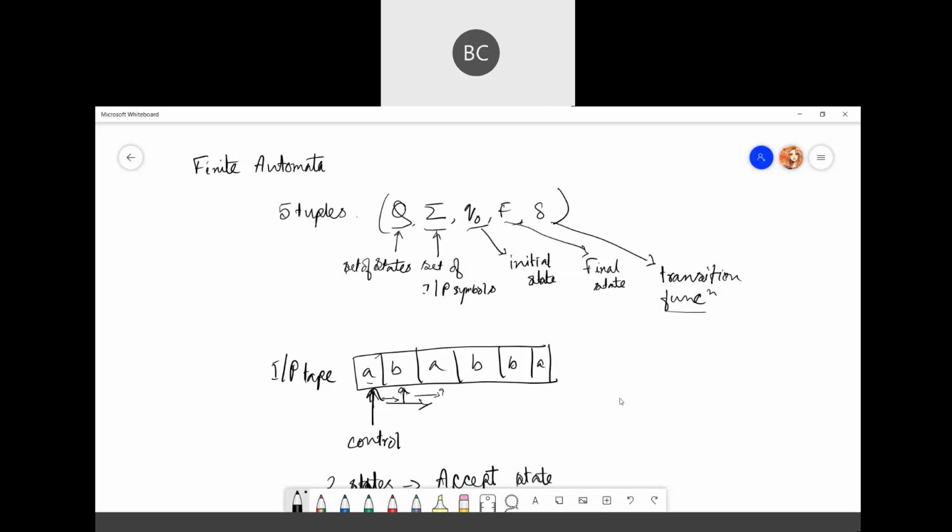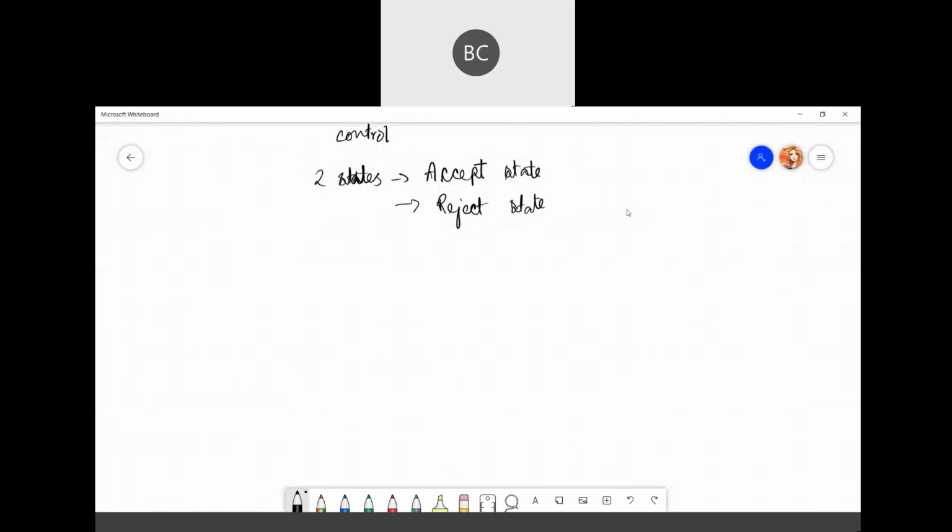So the whole finite automata topic, we can also divide in a broader way. There can be finite automata with output, and there can be automata without output.